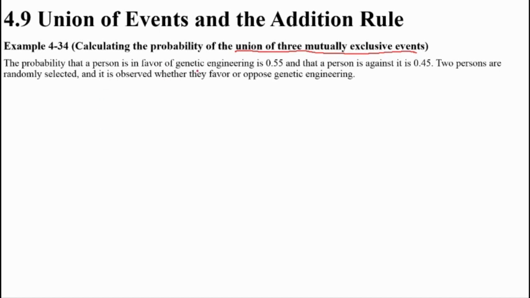A person favors genetic engineering with probability about 0.55, and someone is against with probability about 0.45. Two people are randomly selected, and we observe whether they favor or are against genetic engineering. So there are two questions.